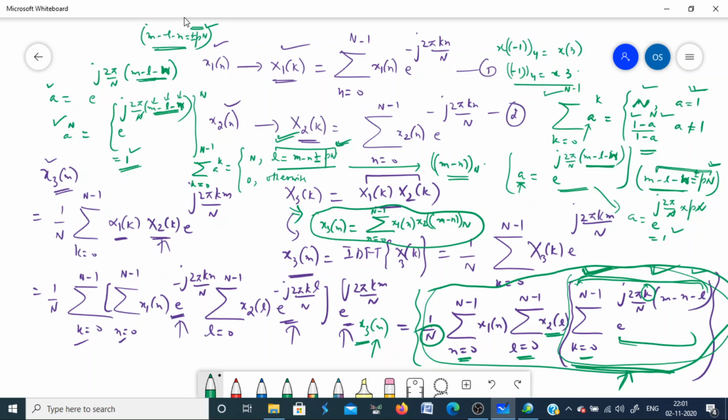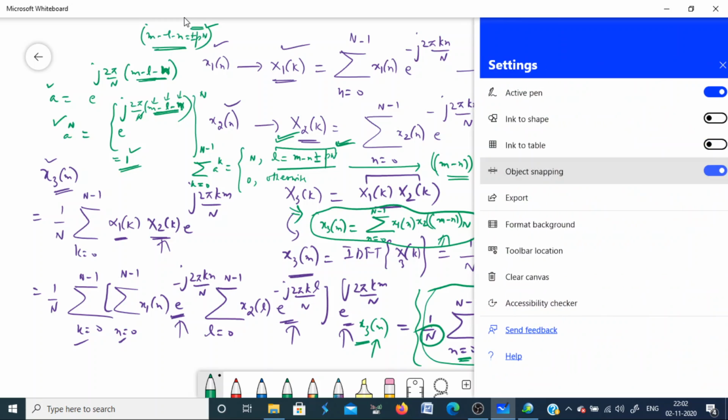Now when this condition is satisfied, this will become N, and the summation over n from 0 to N minus 1 of x1 of n remains, and the summation over l will also be eliminated, because only for a particular value of l will this condition be satisfied. For the rest of the values, this is simply 0. So as a result, this summation will not come into the picture in the final equation. So you get this equation, which is called circular convolution.